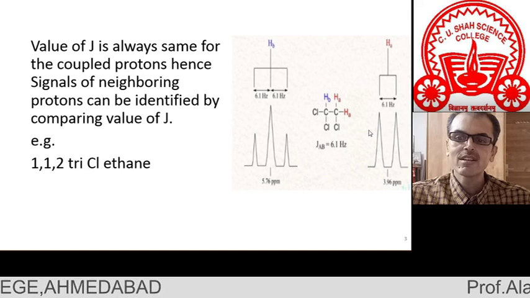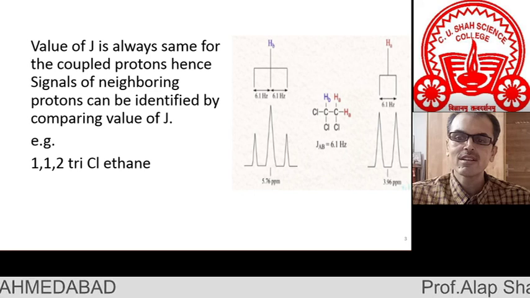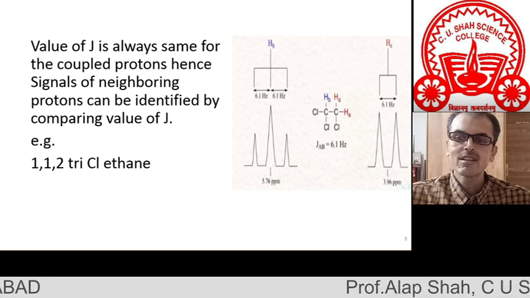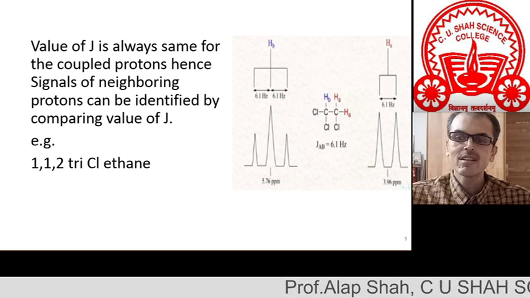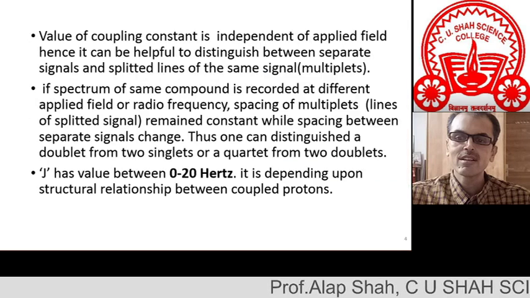Suppose any compound possesses 4 or 5 different kinds of signals, but as we now know that neighboring protons have the same value of coupling constant, by comparing those values we can know which protons are actually at neighboring positions in the original structure. So that way the value of J is also very important for us.